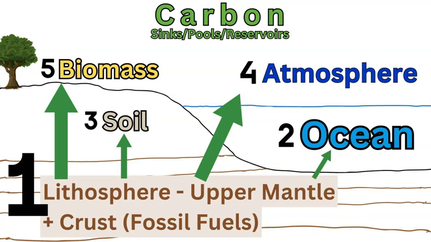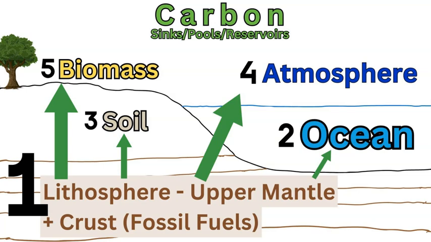Then we have the global oceans as a carbon sink, where carbon is diffused and dissolved into the ocean water, the salt water, and held there, where there are various chemical reactions to either hold the carbon within the ocean or to move the carbon from the ocean back into the atmosphere or back into the lithosphere.